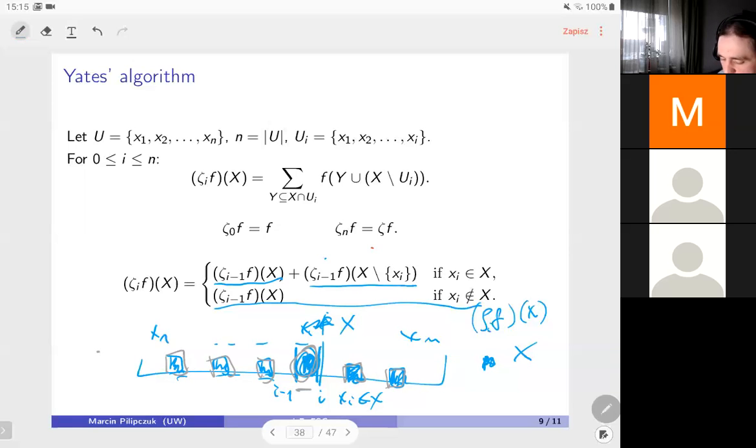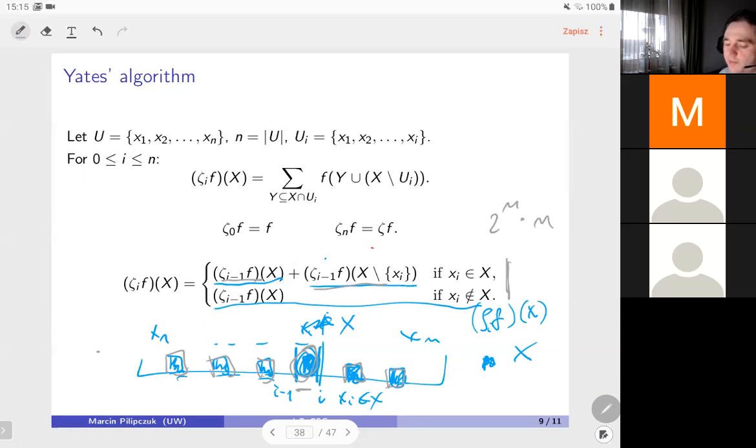So to compute the value of zeta of X, I take the previous two values for X and X minus xi and just sum them up. And this is it. This is looking into two cells. So this is really 2 to the n computations times n, because I need to scan I from 0 to n.